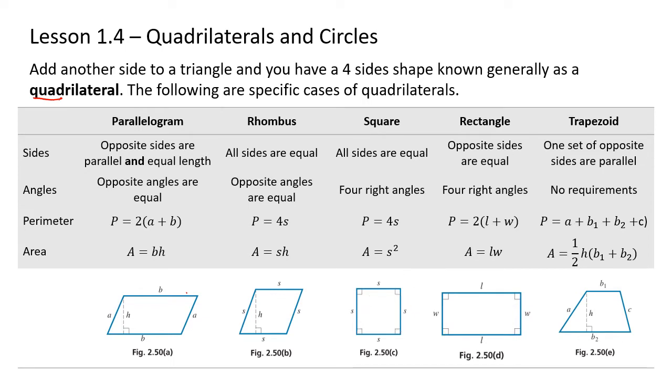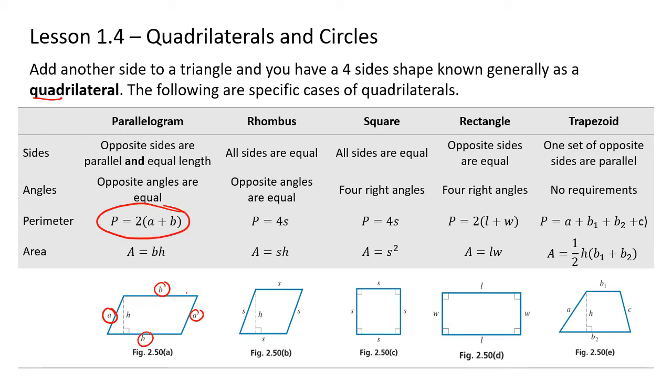Okay, so basically I've listed the formulas here for all of these. It's important that you understand these formulas and just kind of how they're derived. All right, so for a parallelogram and a rhombus, the perimeter is rather straightforward. For a parallelogram, it's A plus B plus A plus B, or in short form, 2 multiplied by (A plus B).